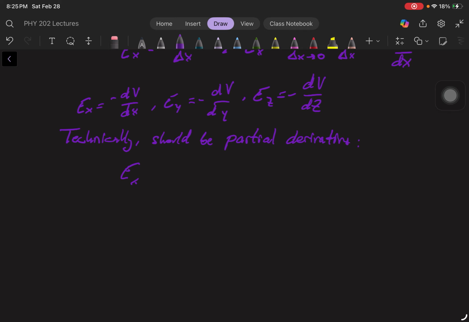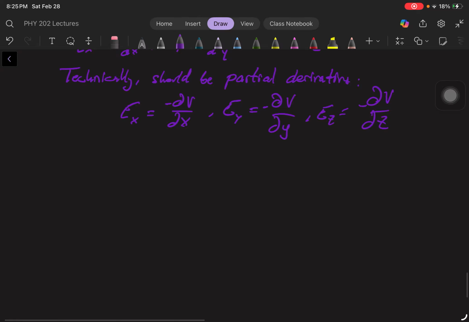And so we get E sub x is negative dV dx, E sub y is negative dV dy, E sub z is negative dV dz, or we can rewrite this as E is equal to the negative gradient, oh, not a dot product, of the scalar potential.